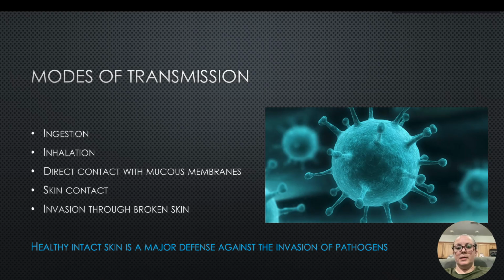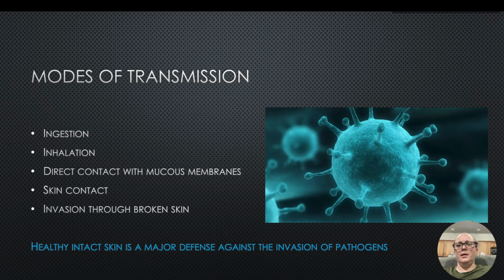That is more so if you have a contagious disease on the skin, like ringworm or athlete's foot, you can transmit via skin contact. And a big one is invasion through broken skin. Our skin is our barrier, our protector to keep things out. If there is a break in the protector, now those pathogens can come rushing in and infect us.